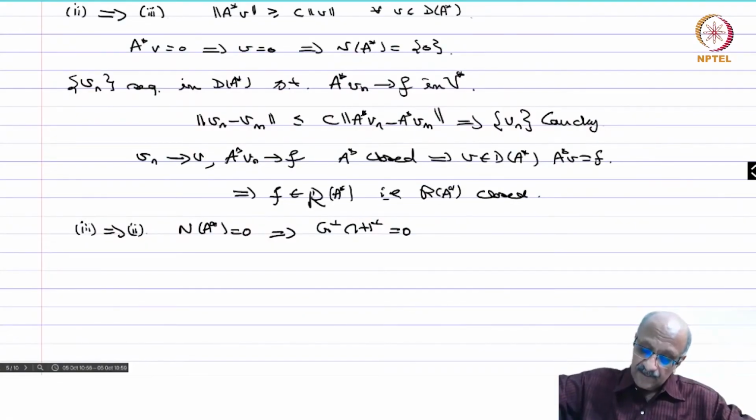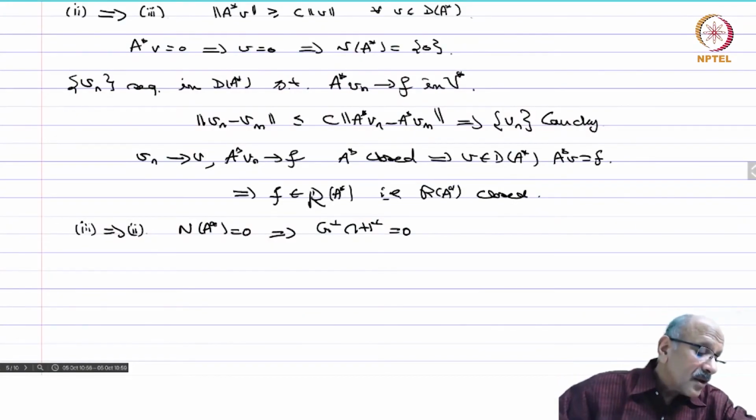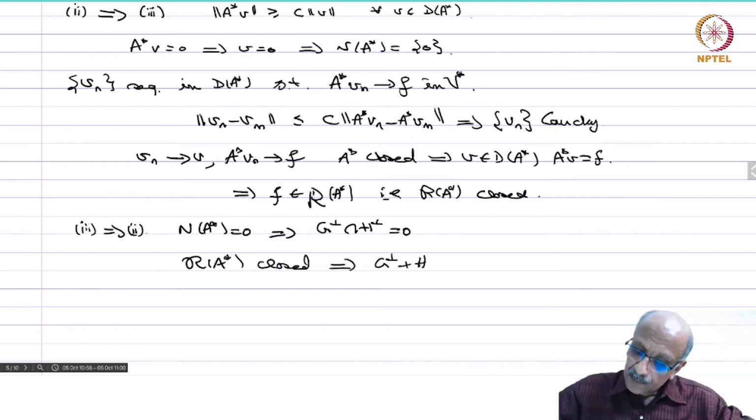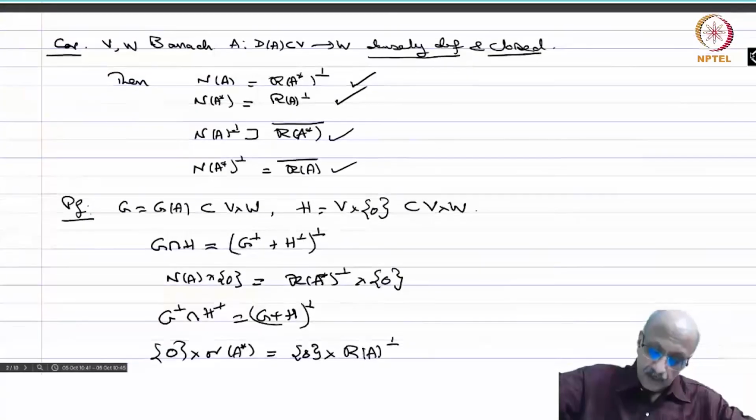So we have that. And you also have that range of A star closed implies G perp plus H perp is closed. Again, what is G perp plus H perp?